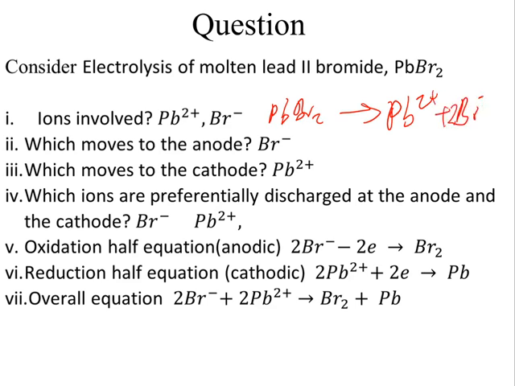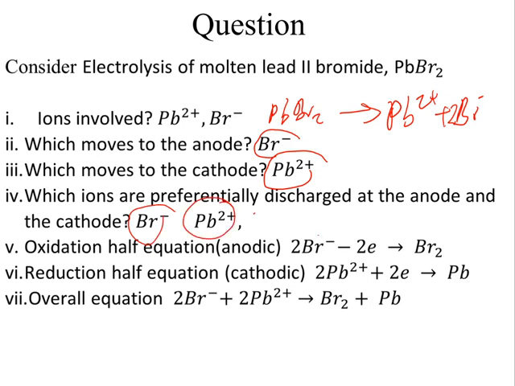So these are two like this. Okay, so what you get at the anode is the bromide ion. At the cathode, there's the lead ion. Then now, which ions are preferentially discharged at the anode and the cathode. So there's this at the anode and this at the cathode.